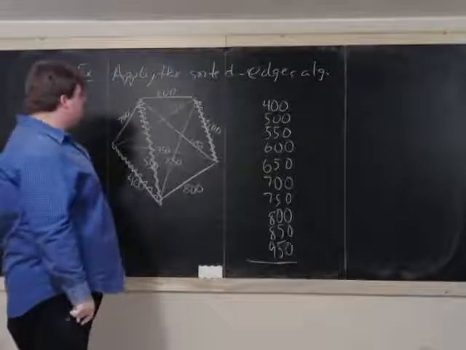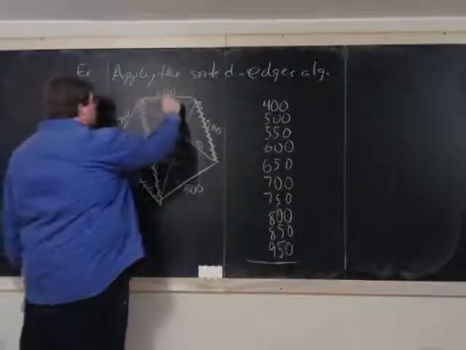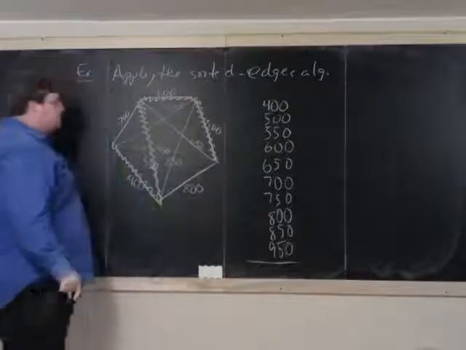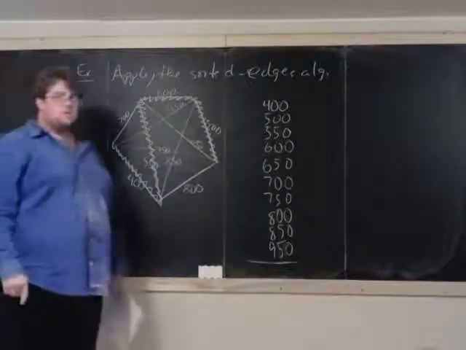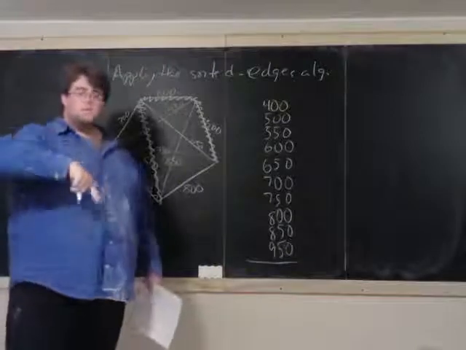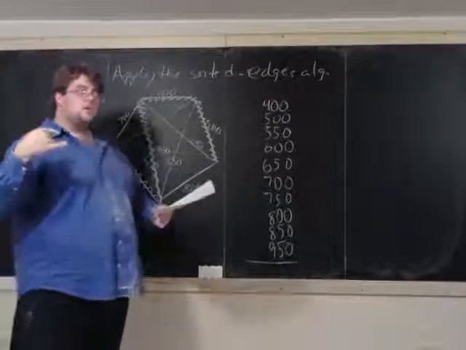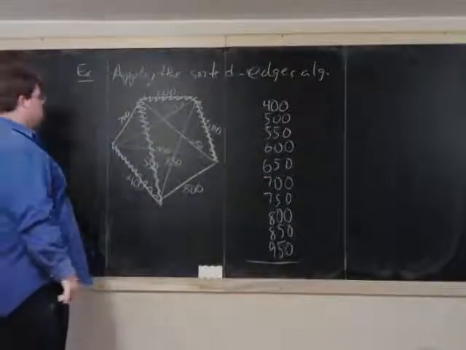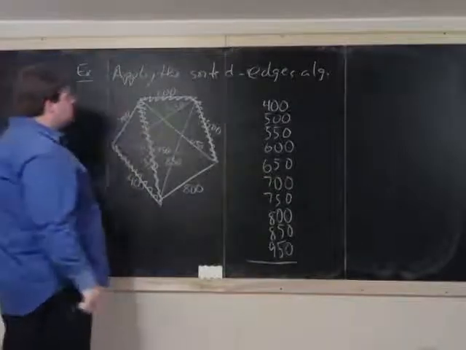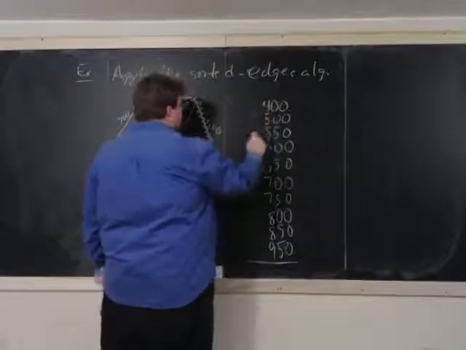What about 600? Where's 600? 600's up here. What happens if we add this? Well, that's still not creating one of those two problems. That did not create a cycle. That did not create a vertex with 3 edges going to it. None of them did so far. So we did these 4. These 4 are good. You could even put a check mark next to them if they're good.